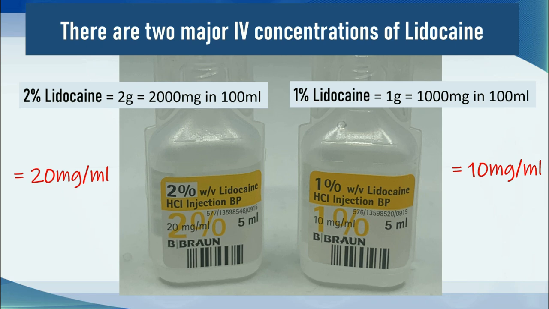You will immediately notice that the ampule of bupivacaine 0.5% contains 5 milligrams per mil, and 2% lidocaine is 20 milligrams per mil, and that is not by accident. These are considered equipotent concentrations. In other words, bupivacaine is 4 times as potent as lidocaine.